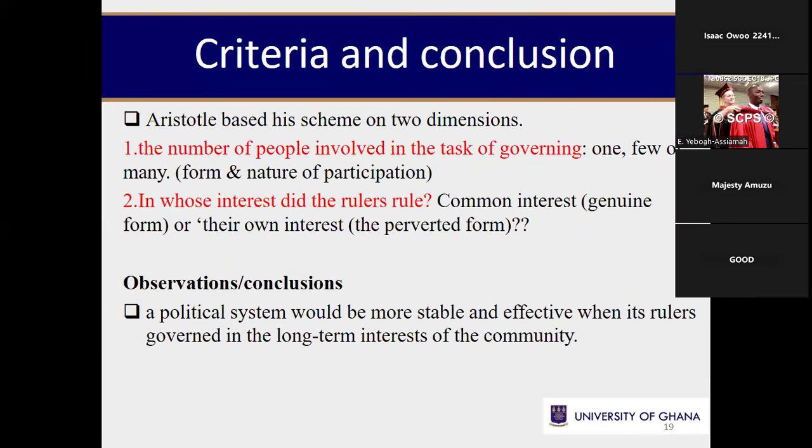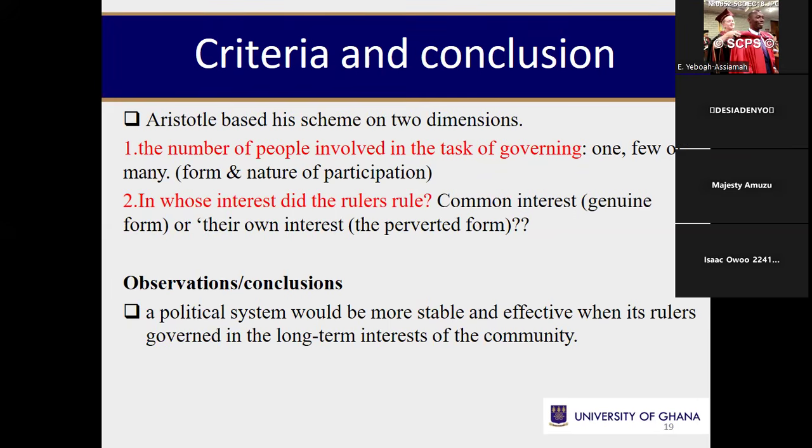And then the second one is whether it is in the interest of the people, which you termed genuine form of rule, or in the parochial interest of those ruling, that is the perverted form of rule. Fantastic. So those are the two dimensions. Thank you. But at the end of the day, what did he seek to find out about government?